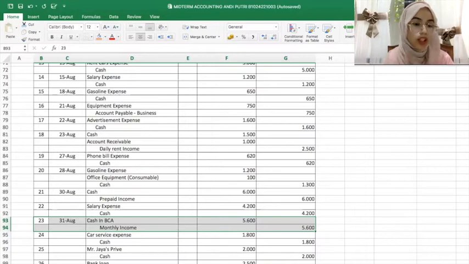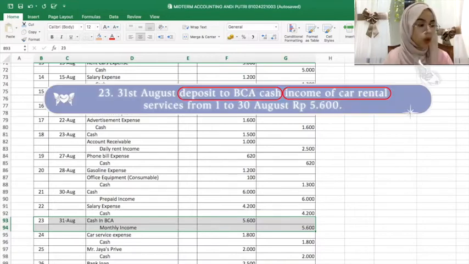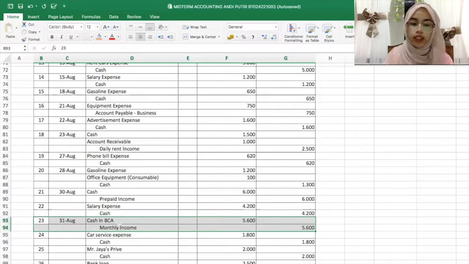So in the 23rd transaction, we deposit cash in BCA for 5,600 rupiah, which will be on the debit side because the cash is increasing. We also got monthly income, because it is said that services from 1st to 30 August for 5,600 rupiah are on the credit side.